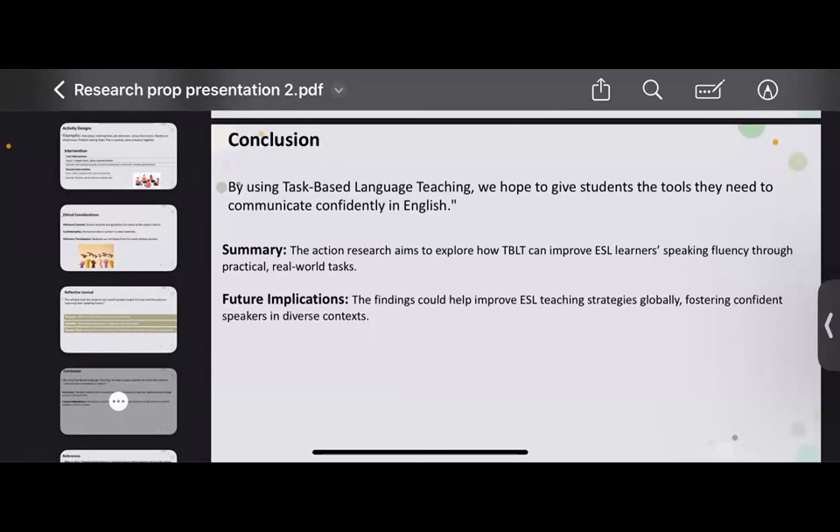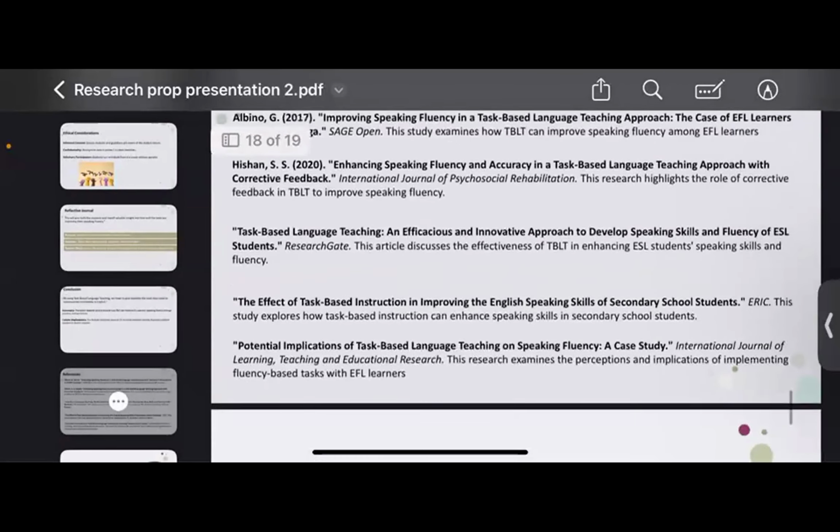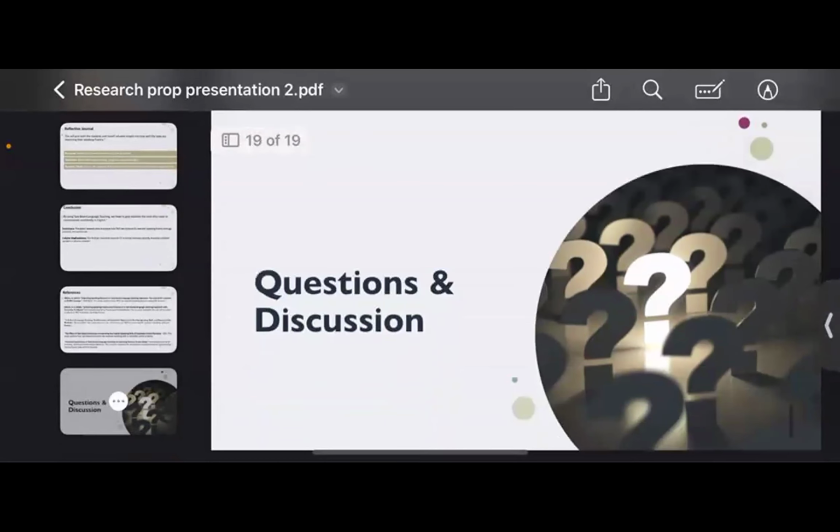The action research aims to explore how TBLT can improve ESL learners' speaking fluency through practical, real-world tasks. Future implications are that the findings could help improve ESL teaching strategies globally, fostering confident speakers in diverse contexts. And these are the references, ma'am. Thank you very much.